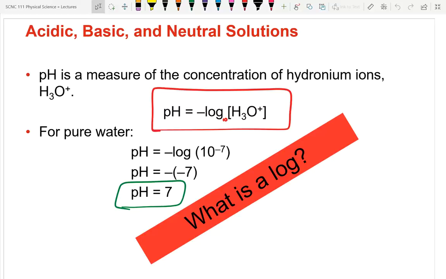A lot of people would say 14 to 0, but that's not right. We're looking at concentrations and taking that exponent, and you could get a lower and lower concentration or higher and higher concentration, and you can go to negative pHs or to pHs that are bigger than 14. They're unusual, but they occur.